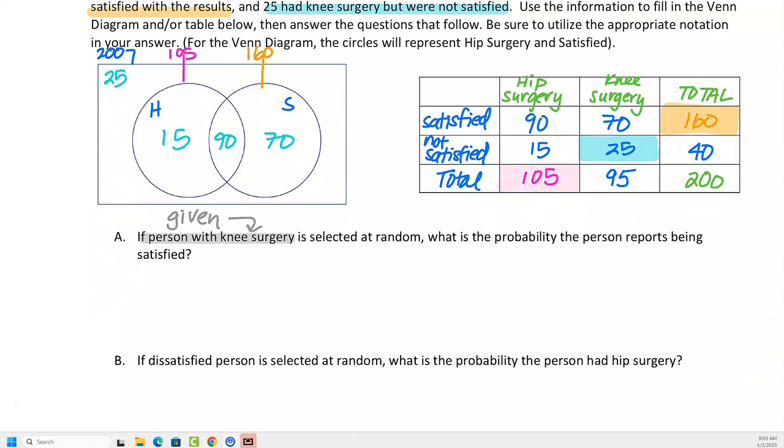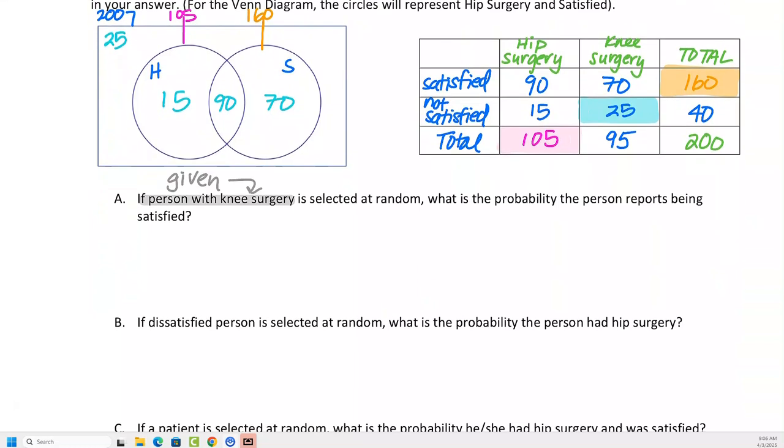Okay, so we are looking for the probability that they were satisfied, right? Given that they had knee surgery.